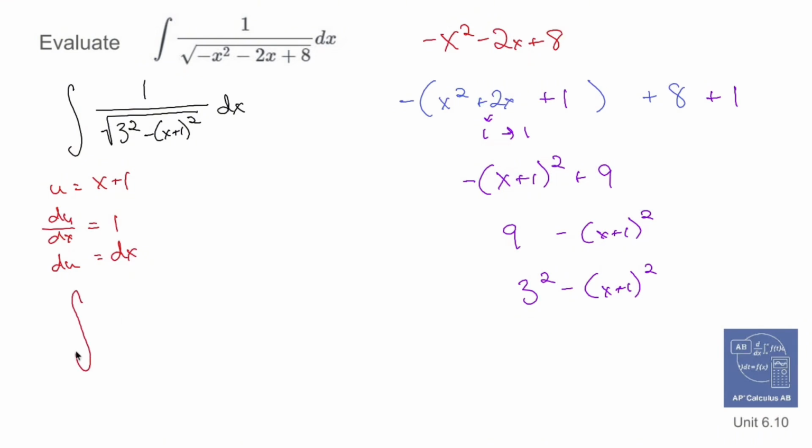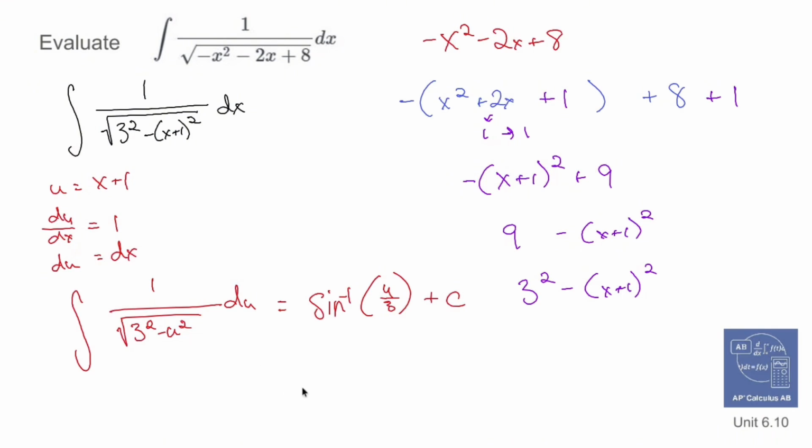So now I have the integral of 1 over the square root of 3 squared minus u squared du. That becomes the inverse sine of u over 3 plus that arbitrary c.